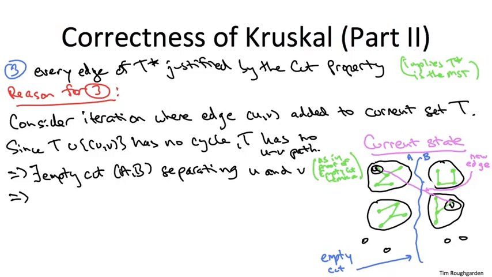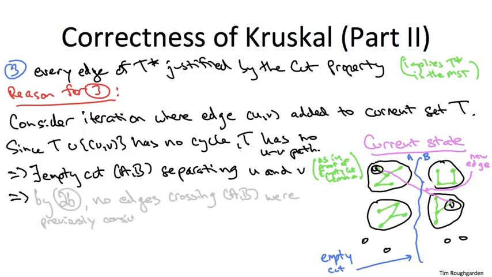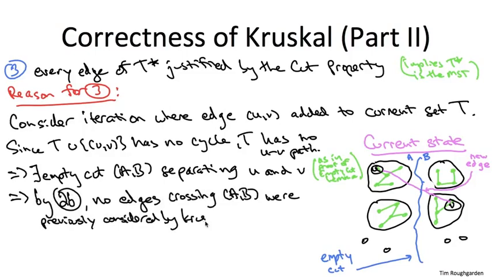So here's how we weave these different strands together to complete the correctness proof. Let's remember where we are. We're focusing on a single iteration of Kruskal's algorithm. It's about to add this edge u,v to the edges T that it's chosen in the past. We've exhibited a cut A,B with the property that no previously chosen edges, no edges of T, cross this cut. Edge uv is going to be the first chosen edge crossing this cut. We just argued that Kruskal's algorithm is guaranteed to pick the first edge crossing a cut.